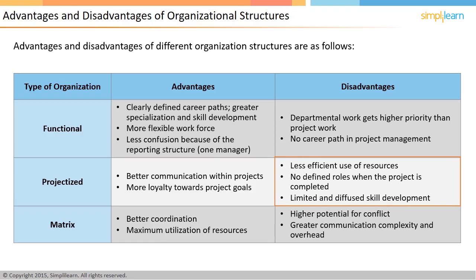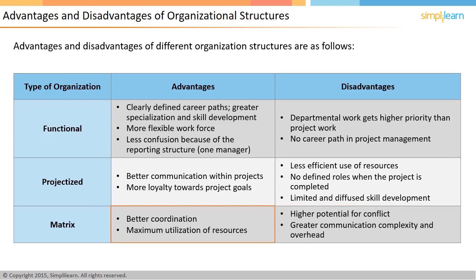It also leads to the resources being left with no work, since their roles are over once the project is completed. It also hampers skill development because the project requirements dictate what kind of work team members perform at different stages on a project. Now, let us look at the matrix organization.